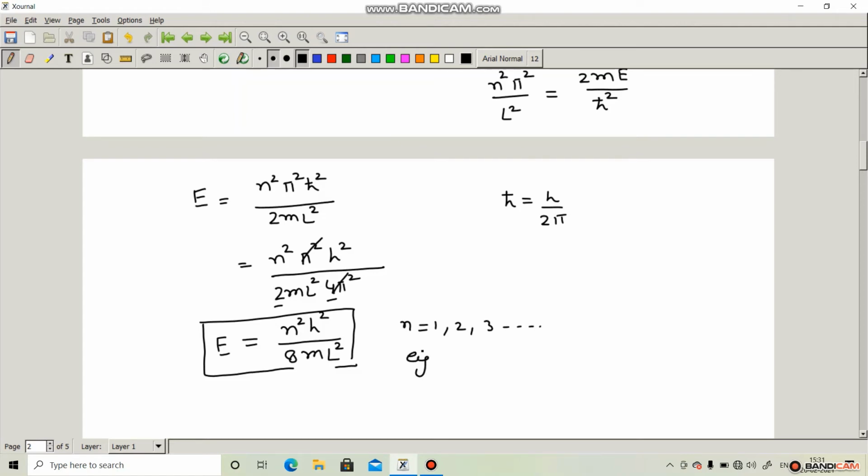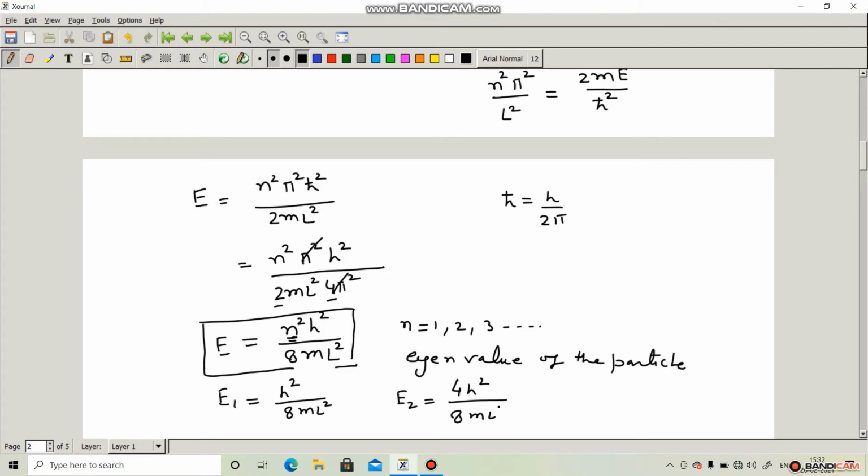And this energy is known as the eigenvalue of the particle. At the first level, energy E1, n equal to 1, is h square upon 8 m L square. At the second level, n becomes 2, so 4 h square upon 8 m L square.